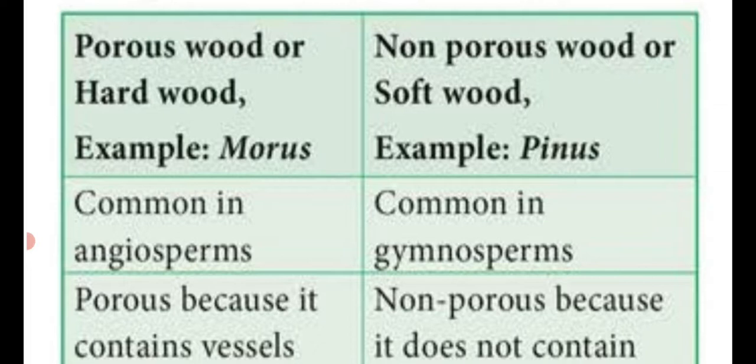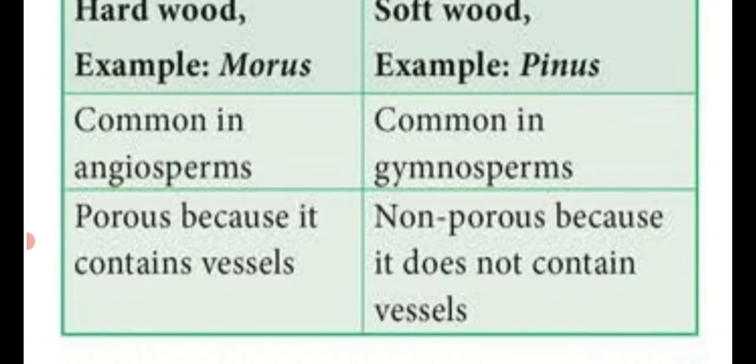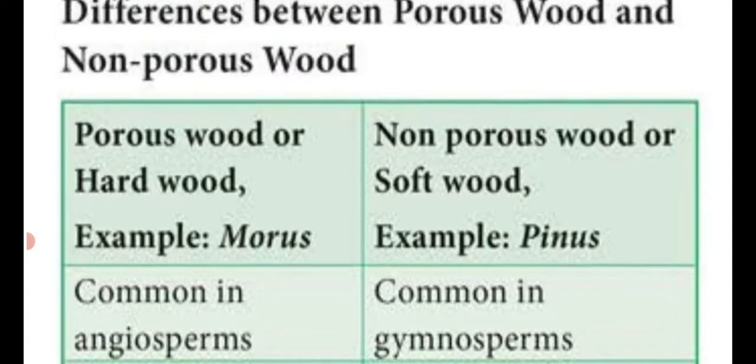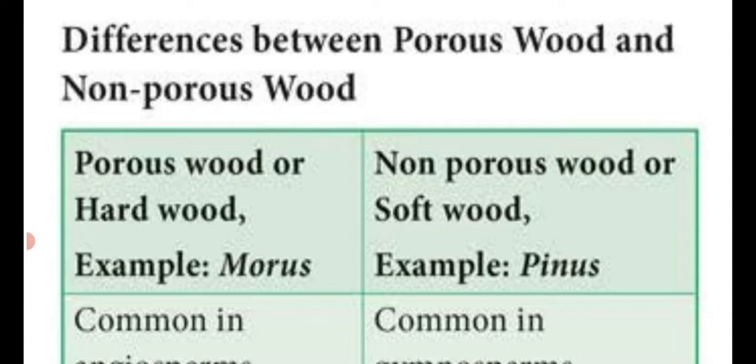The second difference: porous wood is common in angiosperms, that is dicot plants. Non-porous wood is common in gymnosperms. The third point: porous wood contains vessels. Non-porous wood does not contain vessels. So it will be very easy to learn and also very important. 3-mark question: differences between porous and non-porous wood.